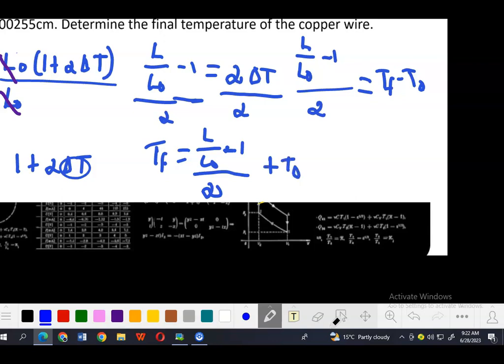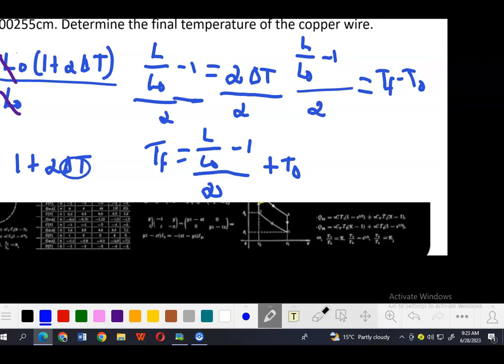What I have done is simply to take T naught to the other side, because when we take T naught to the other side, we assume that T final is on the right hand side. But since we are looking for T final, we will simply have L divided by L naught minus 1, all divided by alpha. Pay attention to this.